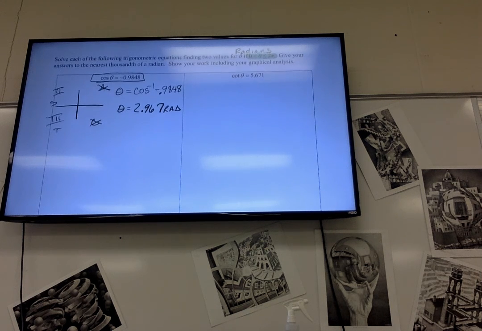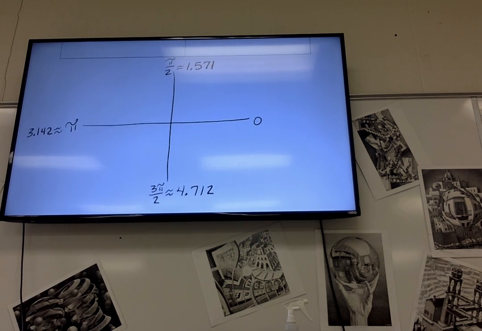So 2.967, we can see, is definitely in the second quadrant, because it's between 1.571 and 3.142.